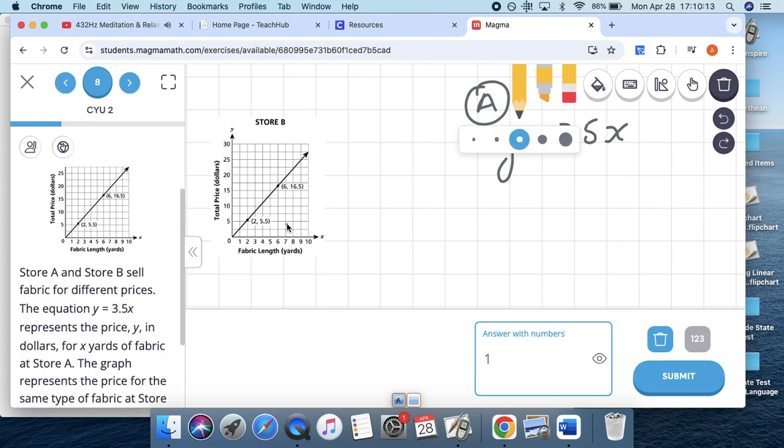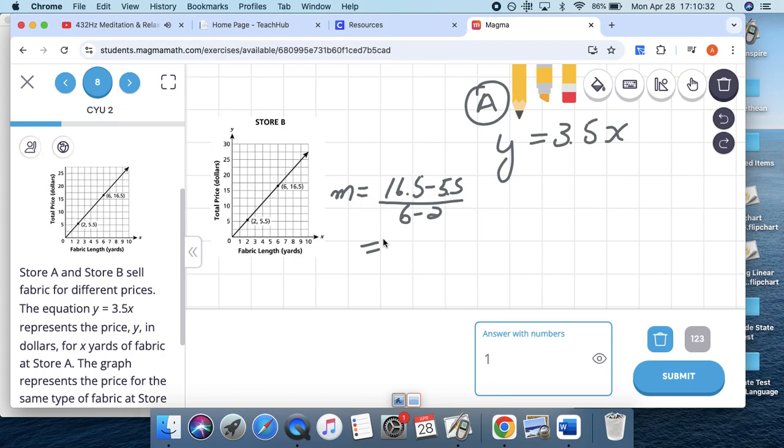You can simply pick 2 points, and they give us 2 points. So we need to find the slope. I'm just going to use this value, 16.5 minus 5.5, right? y2 minus y1, and then the x value is 6 minus 2.